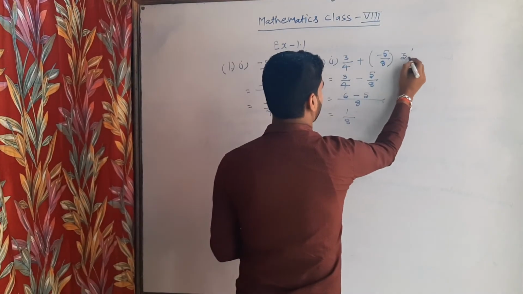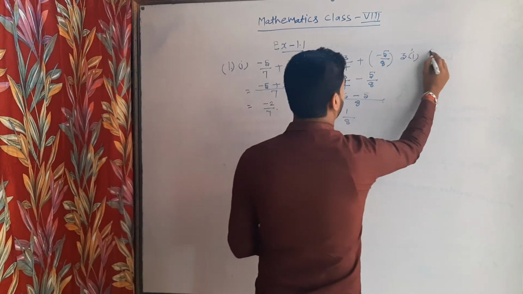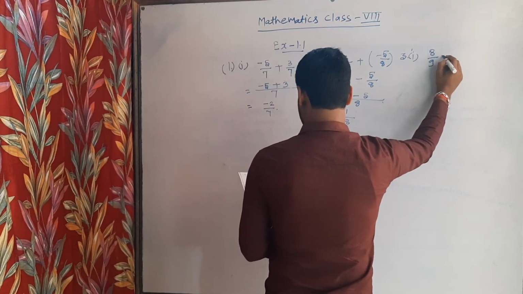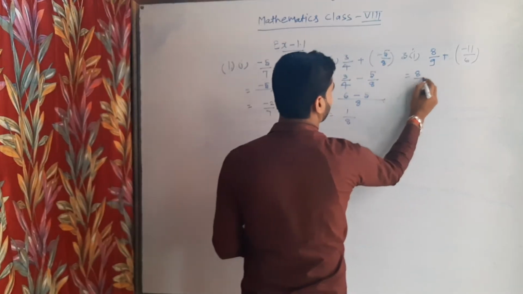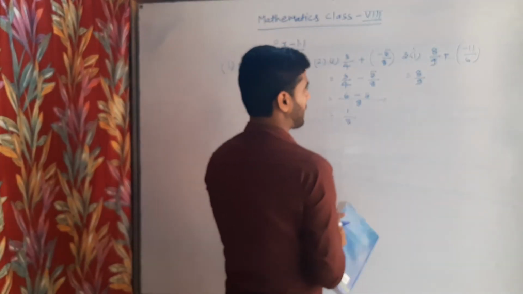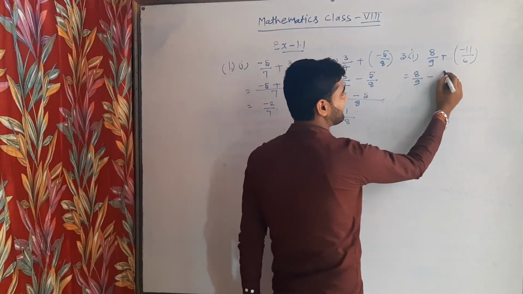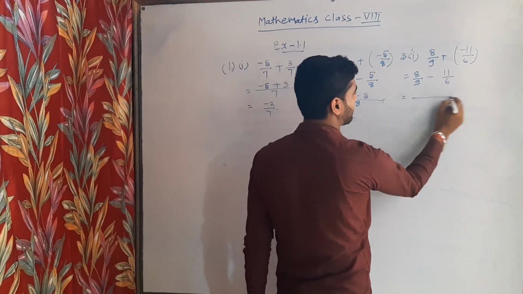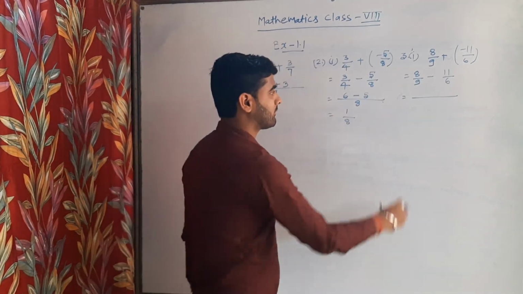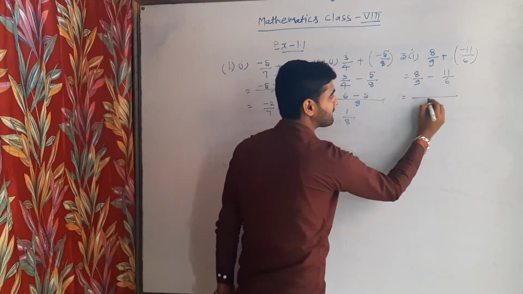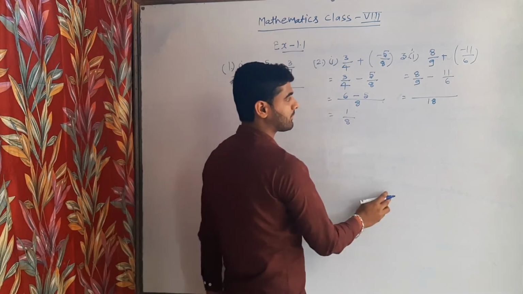First, you have to add 8 by 9 and minus 11 by 6. First of all, 8 by 9 plus minus 11 by 6. LCM of 9 and 6 is 18.